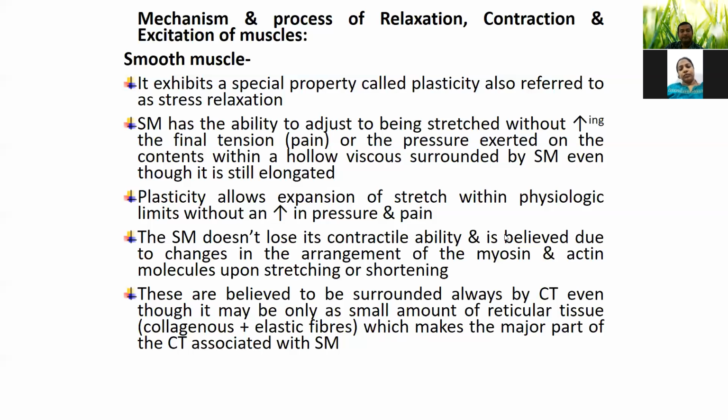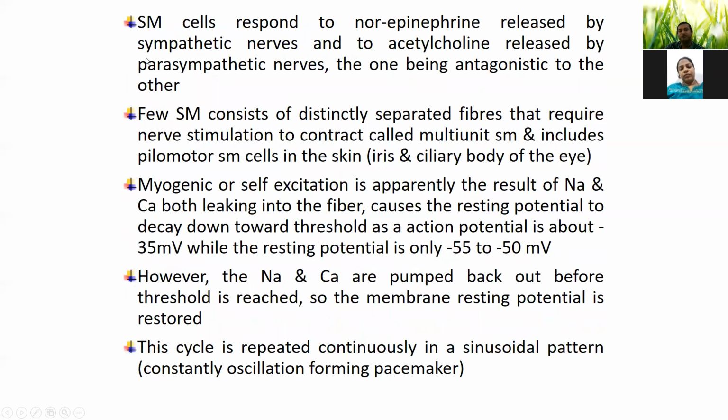So come to the next point. These smooth muscle cells respond to norepinephrine, which is released by the sympathetic nerves, and acetylcholine, which is released from the parasympathetic nerves. They are antagonistic to each other, because they have specific work in a specific situation.